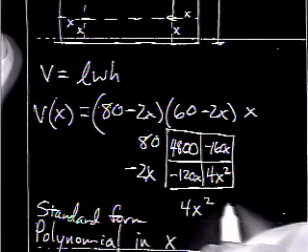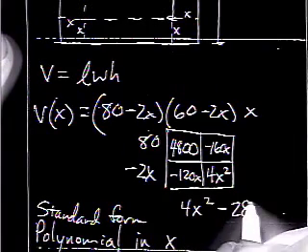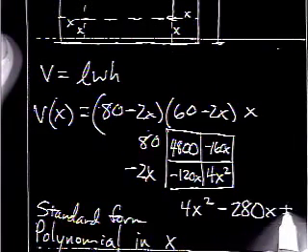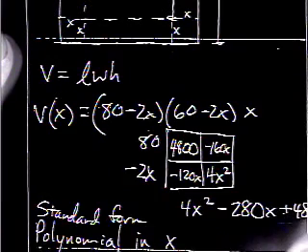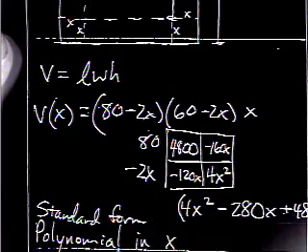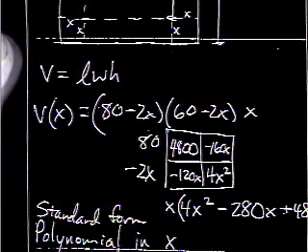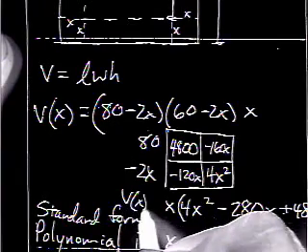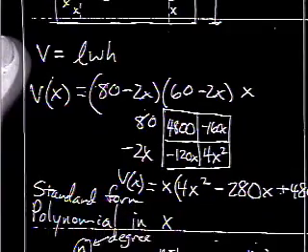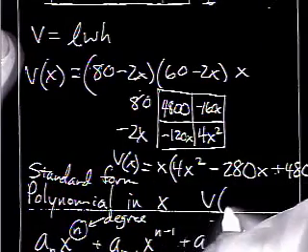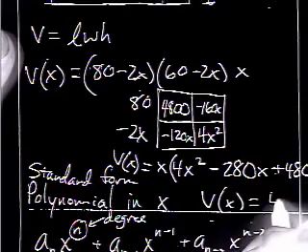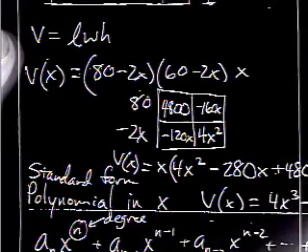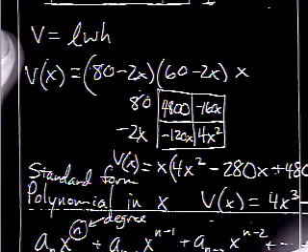So that would give me 4x squared minus 280x plus 4,800, and make sure we don't forget to multiply by x. Sorry, I'm running out of room here. So V of x would be 4x cubed minus 280x squared plus 4,800x.